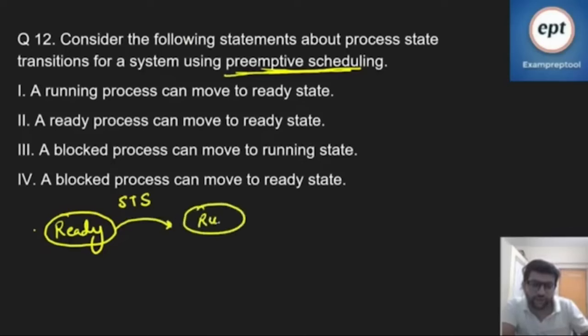So it moves into the running state. Now, since we are using preemptive scheduling, the process can go from the running state back to the ready state again, right? And once the process completes its execution, it moves to the terminated state, right?